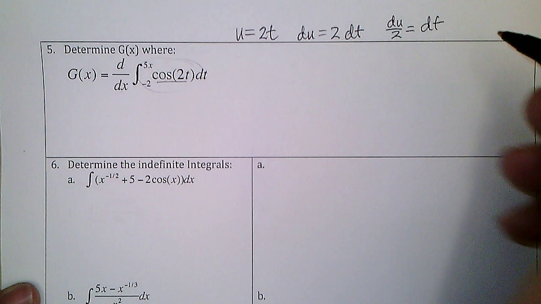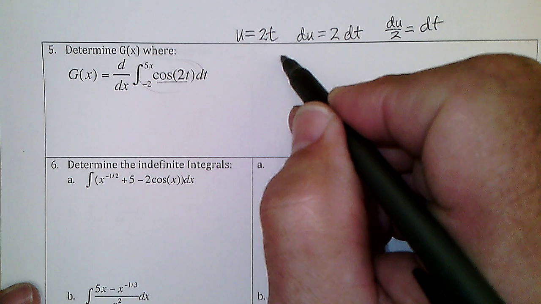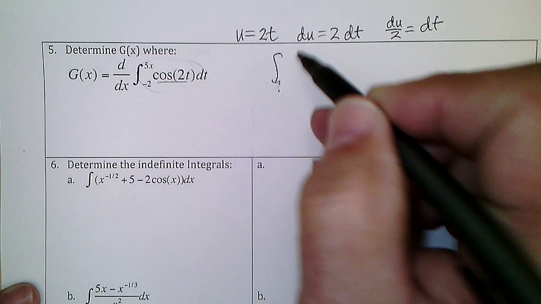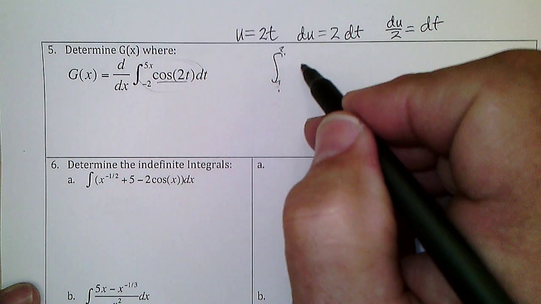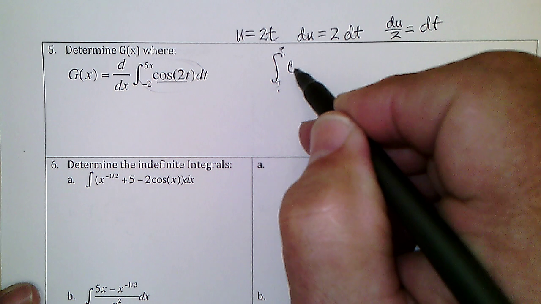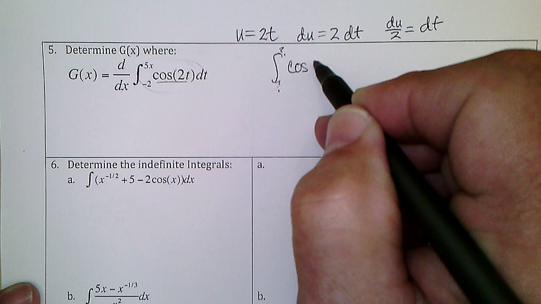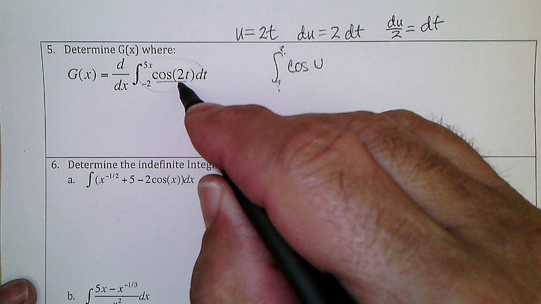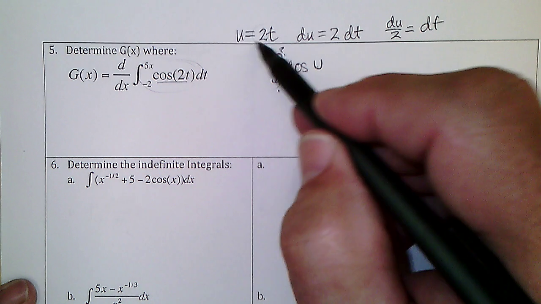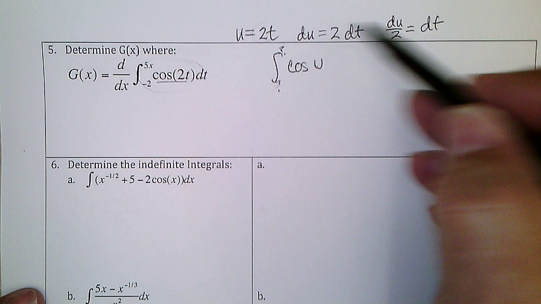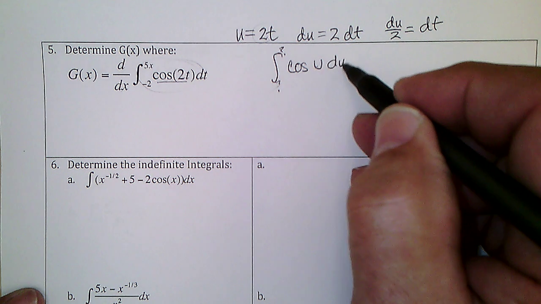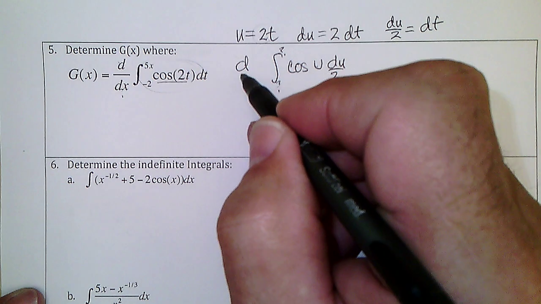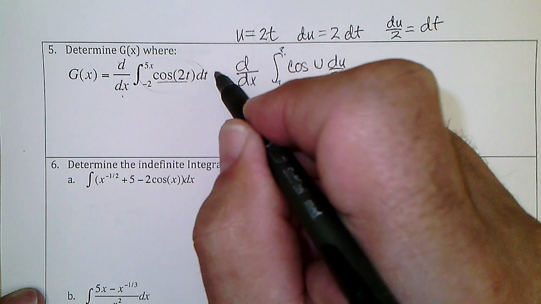Then the integral changes from new units to new units of cosine of u, and because u is 2t, dt becomes du over 2, and we still have to differentiate that with respect to x.